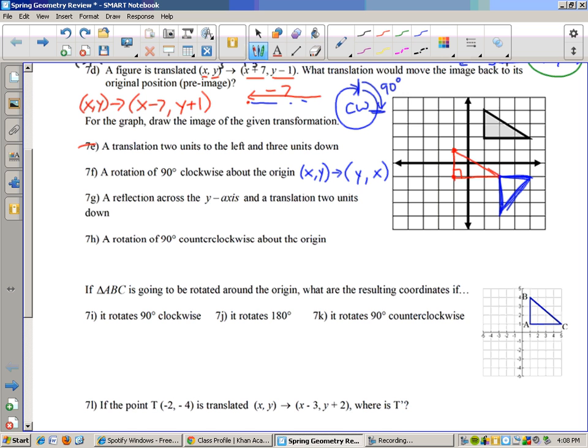But two, one of them is going to become negative. So the x will become the regular y, and the y will become what the negative of the x was. So it'll be y, negative x.